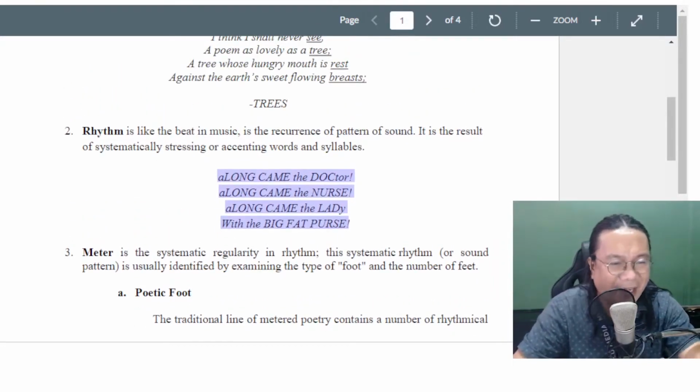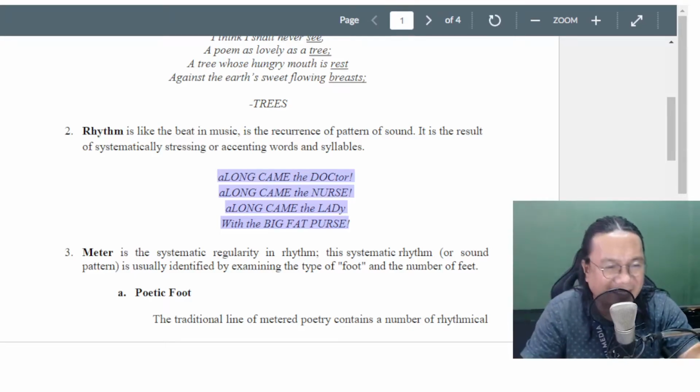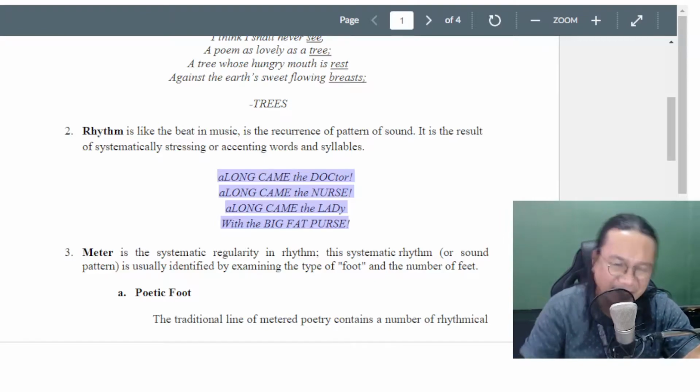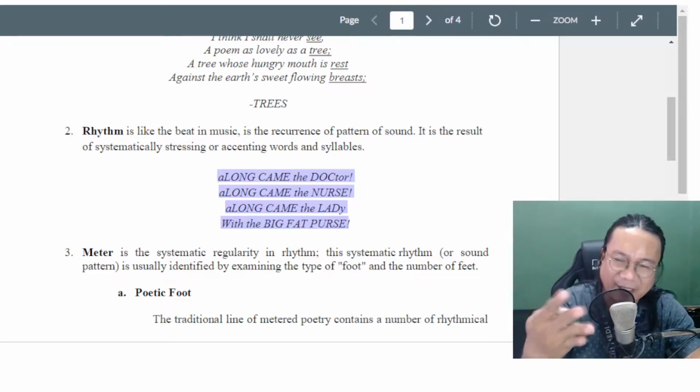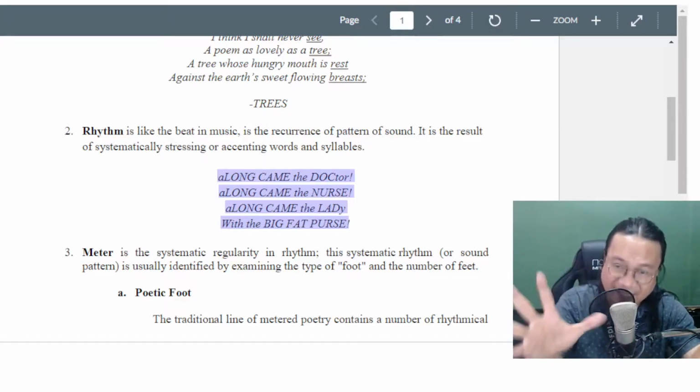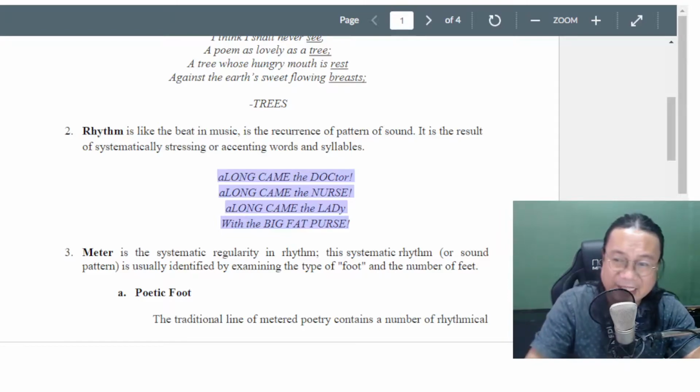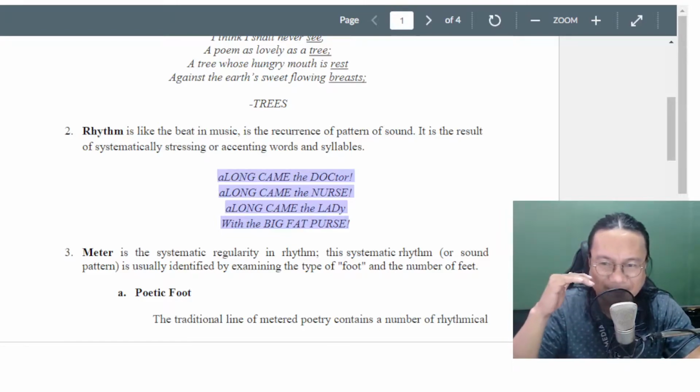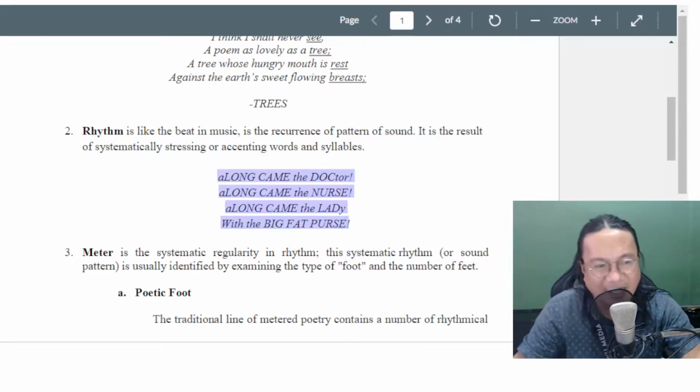Along came the doctor. Along came the nurse. Along came the lady with a big fat purse. So it's 5-6-5-6. There's a certain cadence to it. So that's what we call rhythm.